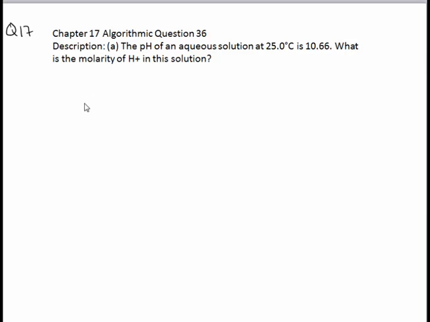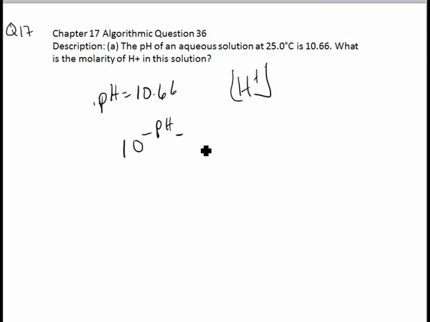So in question 17, we're given a pH. pH equals 10.66, and now we want to know what is the H plus concentration. So that's going to be 10 to the minus pH is equal to H plus concentration.